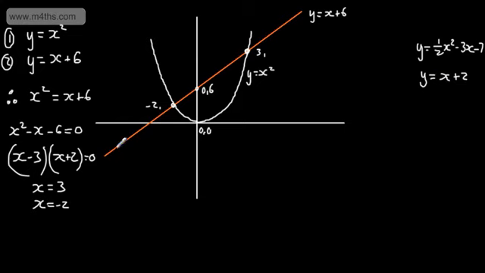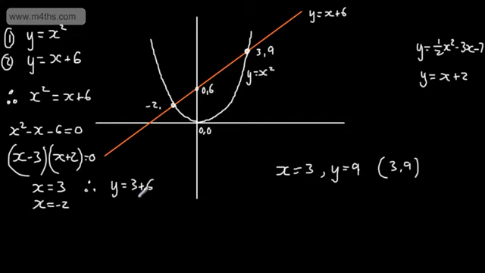So let's go ahead and now start with x is equal to 3. So if x is equal to 3, showing our working, we can simply put now y is equal to 3 plus now 6. So this point is going to be 3, 9. So for solutions, we can write x is equal to 3, y is equal to 9. And if it asks for the coordinates, we would just put 3, 9.